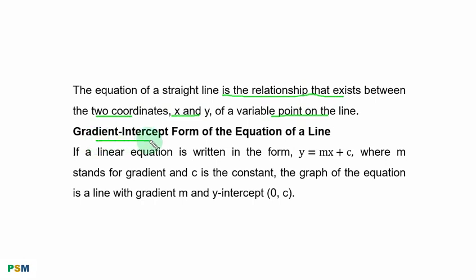Gradient intercept form of the equation of a line. If a linear equation is written in the form y equals mx plus c, where m stands for gradient and c is the constant, the graph of the equation is a line with gradient m and y-intercept c.